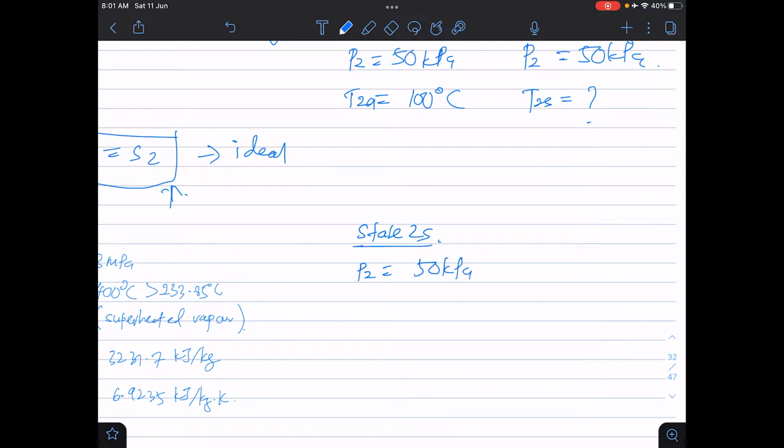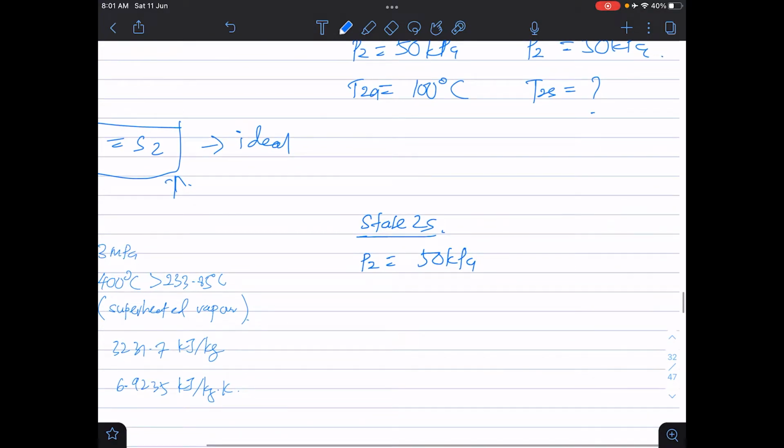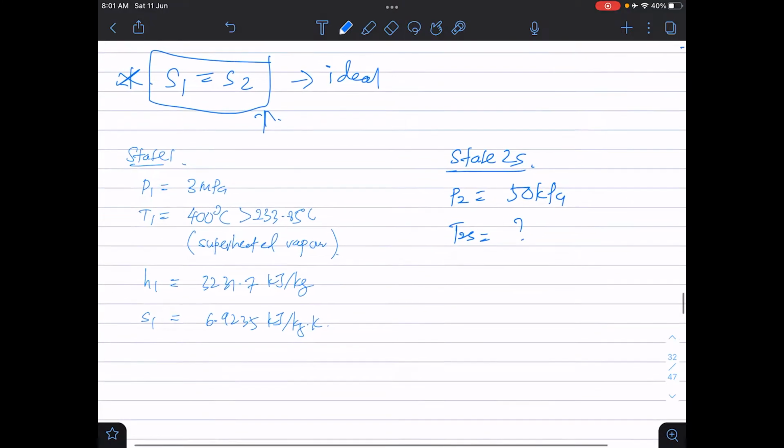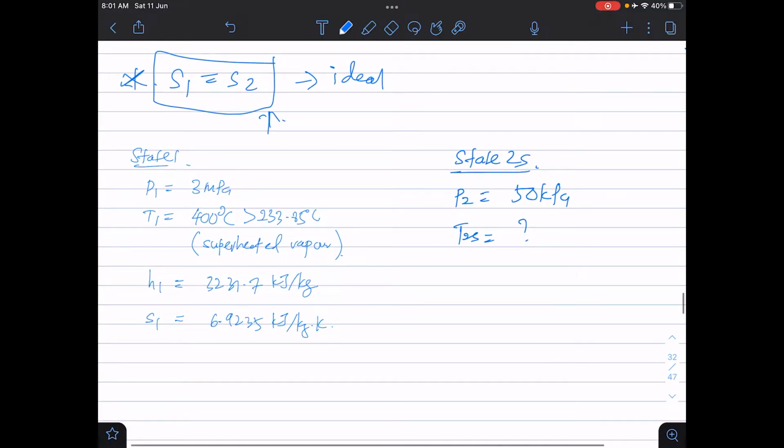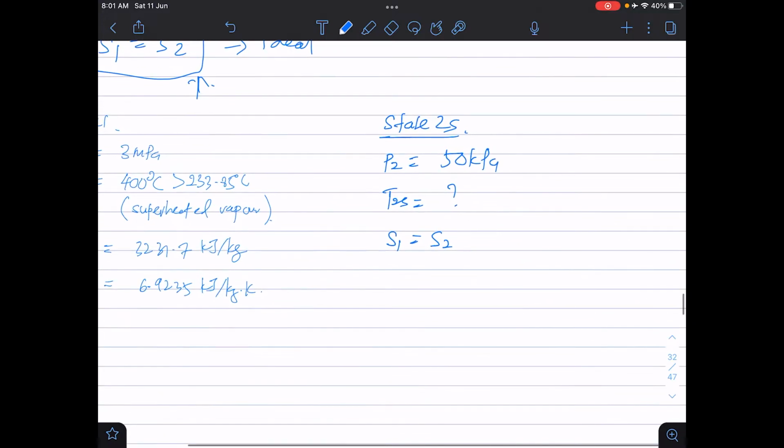Remember, the pressure for the actual and ideal cases will not change, only the temperature will be different. So T2s is unknown. To relate state 1 and state 2s, we can use S1 equal to S2, which is 6.9235 kilojoule per kg Kelvin.